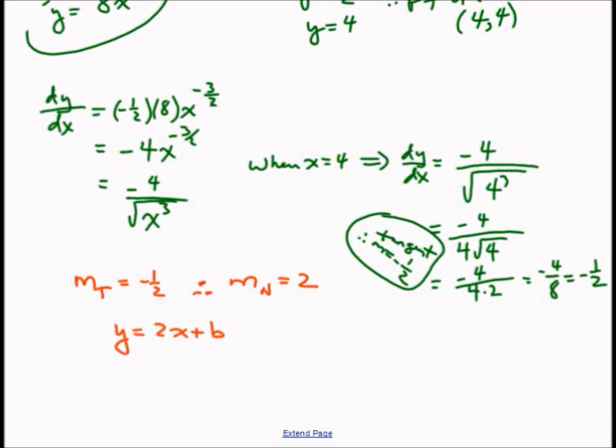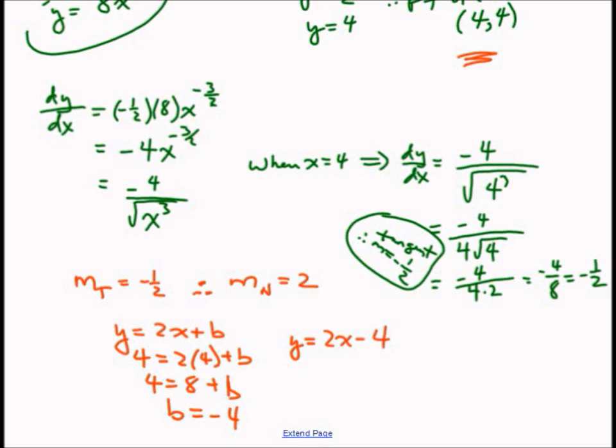The point was (4, 4), the point of contact. So b is negative 4, which means the equation of the normal is y equals 2x subtract 4.